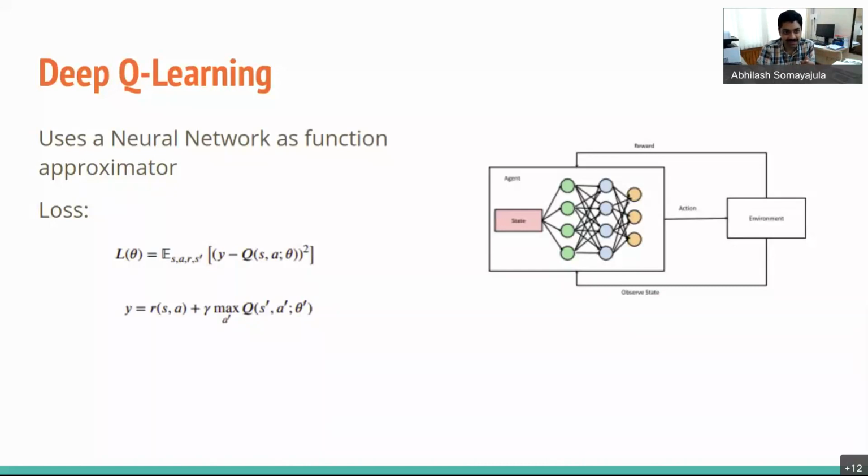Now coming to the last part, where we need the target network. The idea is that every time I sample a batch and do an update, I may be undoing something which I have learned before. It depends on the set of transitions that I chose.